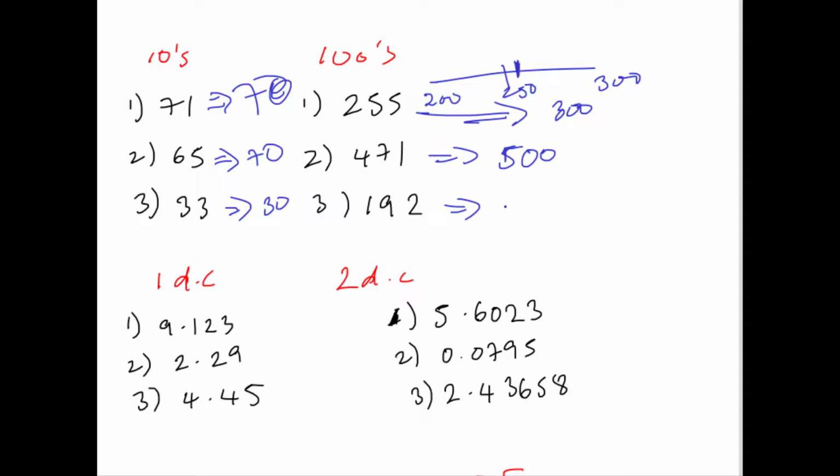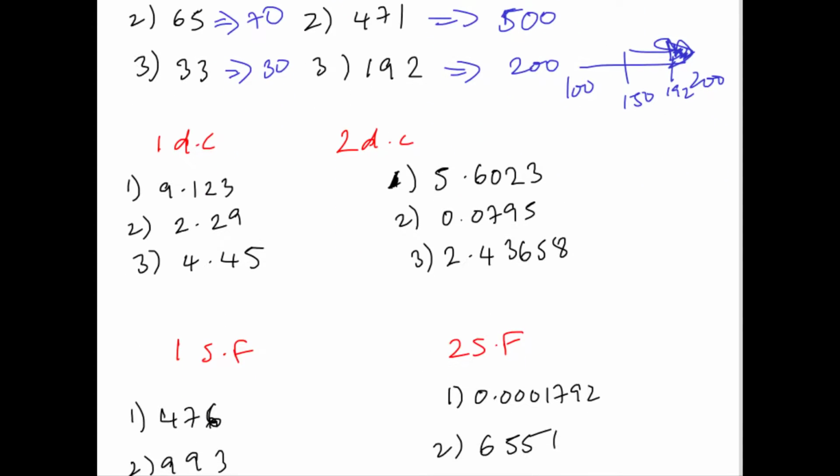And finally this one, 192, is closer to 200. Again, if you draw a line, 100 here, 200 here, 192 is here, past the 150 mark, so therefore it's closer to the 200 mark.